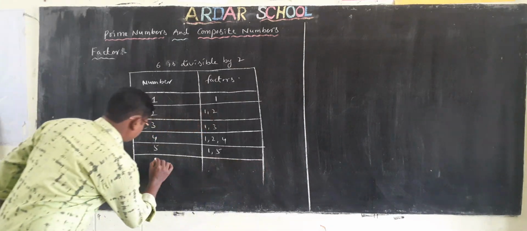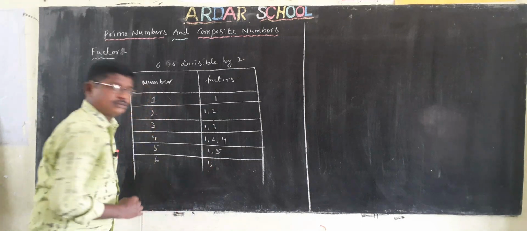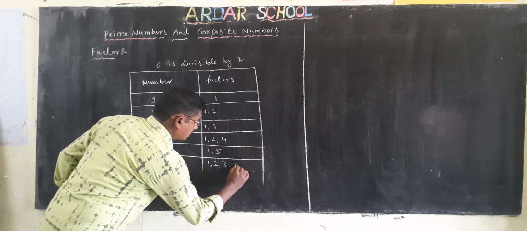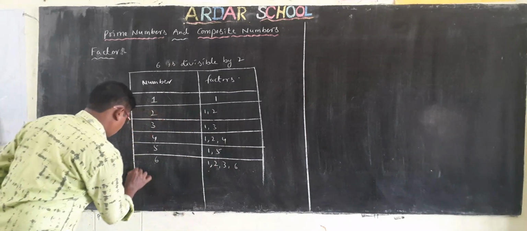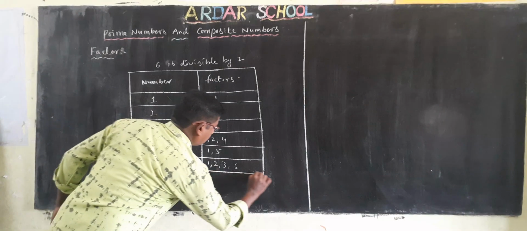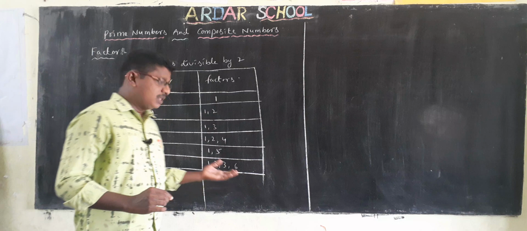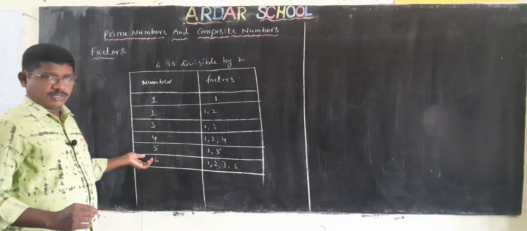And 6. 6 is divisible by 1, 2, 3 and 6. That's why 1, 2, 3 and 6 are factors of 6.